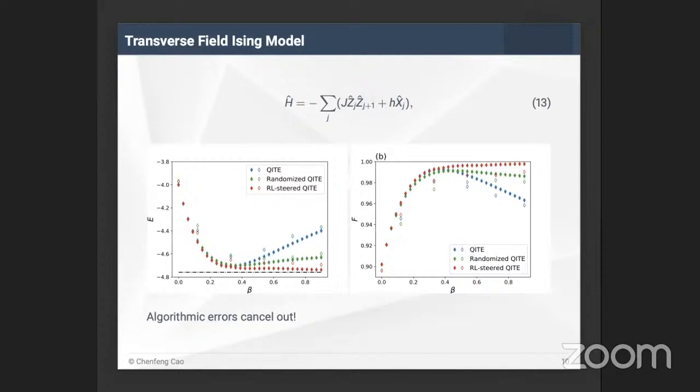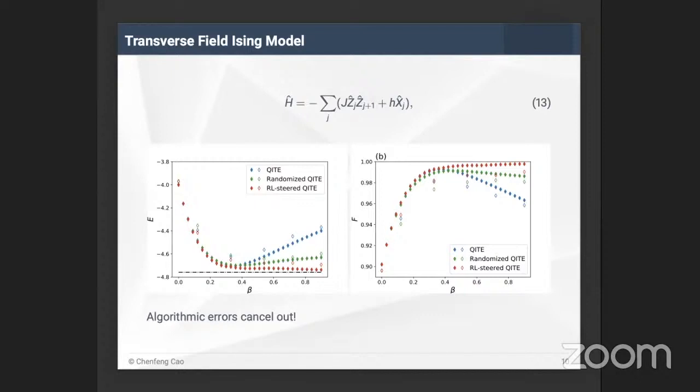However, algorithmic error increases with beta, and this factor becomes dominant after a critical point. The energy of standard and randomized QIT will unfortunately increase after this critical point. And accordingly, the fidelity increases first, then decreases. That's not what we want.